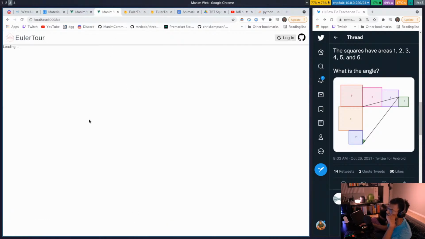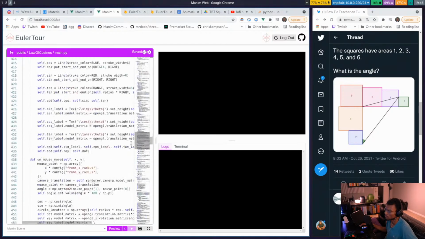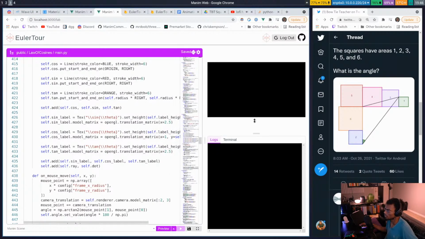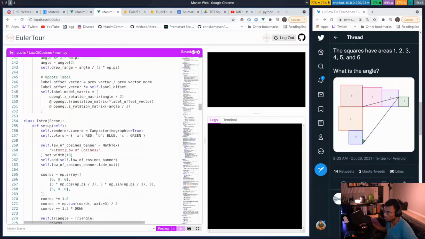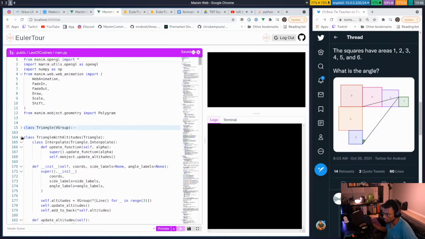Okay, now the angle code I'm going to have to take from the law of cosines or something. I thought I had angle code. Oh, I just, wait, triangle with altitudes.